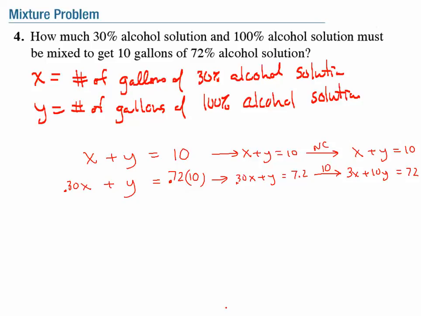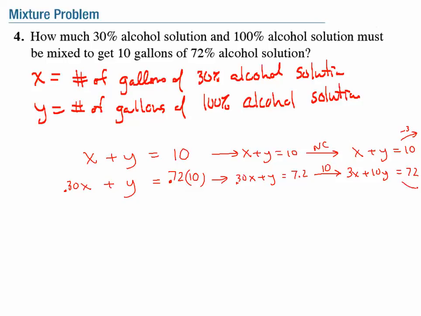All right, all yours to finish off. But out of curiosity, what did we multiply by to get opposites? Negative 3. Awesome. Okay, cool. We learned it. So the top equation we're going to multiply by negative 3.